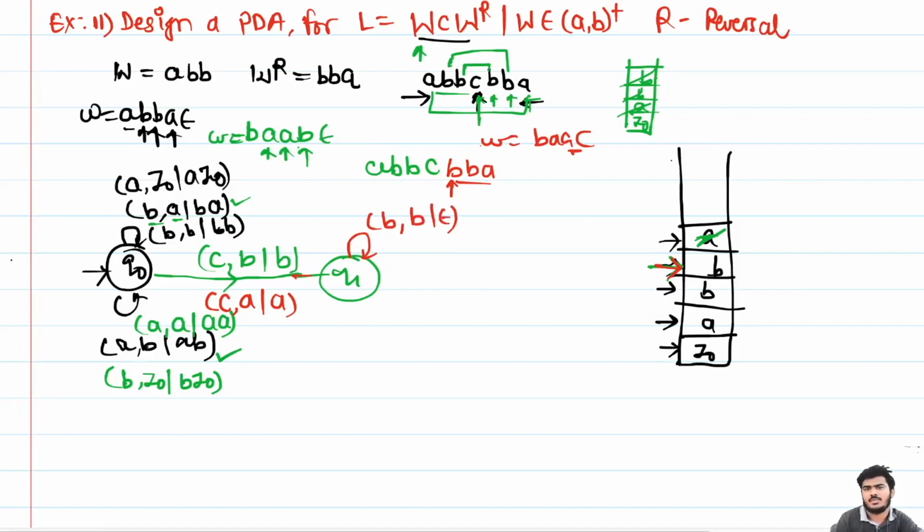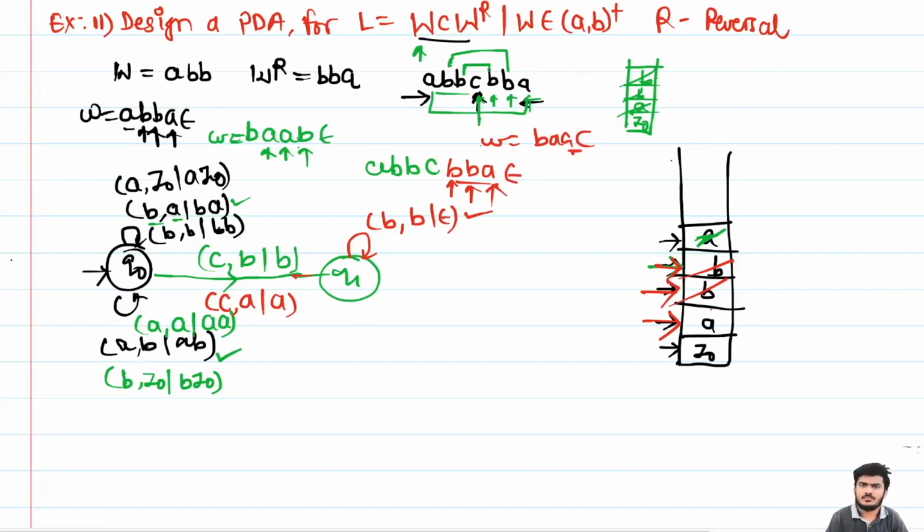So I have popped that B for this particular B. Next, I have popped this and I have updated the top pointer. So top pointer is B and my input is now also B. So by using this operation, I can pop this particular B for this particular B input. And I have updated the top pointer and moved to the next input, that is A.